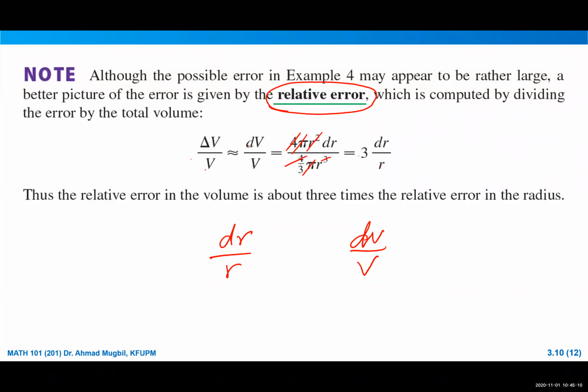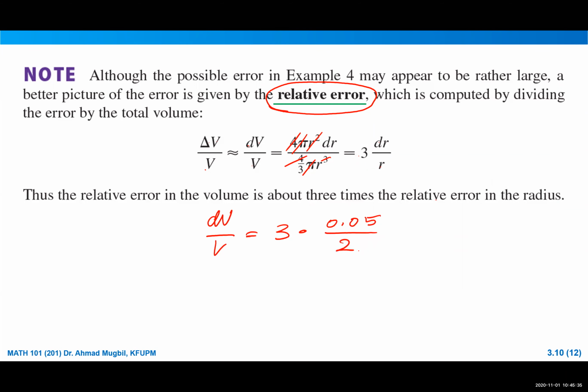This means that the relative error in the volume is about three times the relative error in the radius. So you just need to find the relative error of the radius and multiply it by 3. So dV over V is just 3 times dr over r. And dr is what?